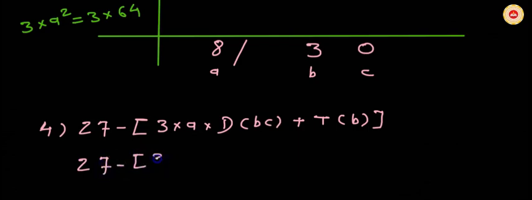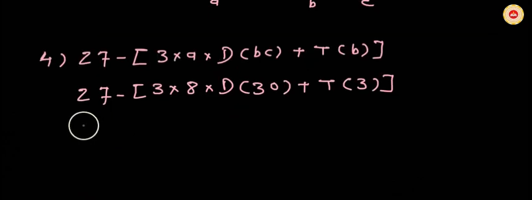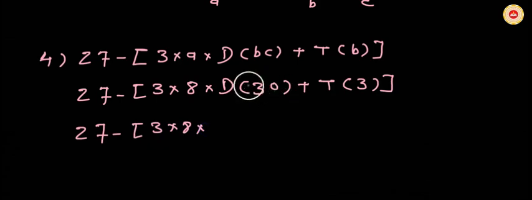Let us put values of digits A, B and C in this formula and calculate further. 27 minus 3 multiplied by, what is A? A is 8, multiplied by duplex of BC. What is B? 3. What is C? 0. Plus triplex of B. What is B? 3. Now friends, let us calculate duplex and triplex. How do we calculate duplex of two digits? 2 times the product of those two digits. 2 multiplied by 3 multiplied by 0 plus, how do we calculate triplex of a single digit?